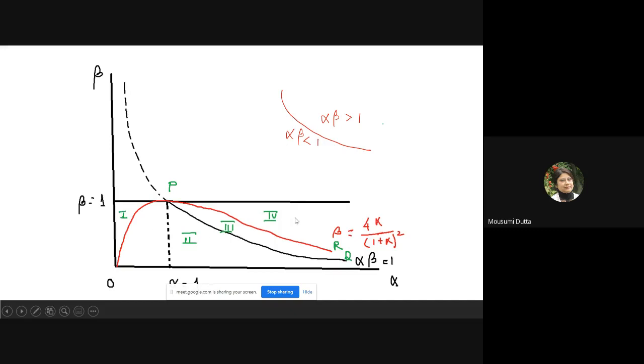Shading the relevant portion, this is one zone. This dotted part is the second zone.